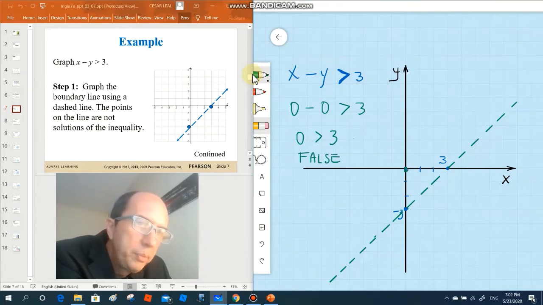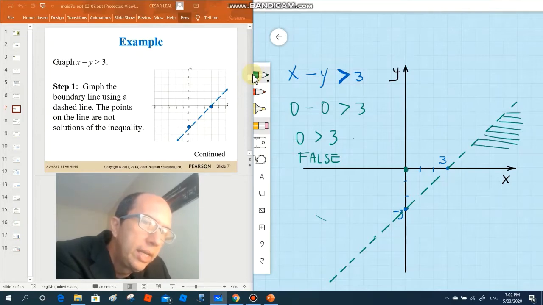That means the point is here. This area on this side of the line is not the right area, because the statement is false. So the right area, the representation of this inequality, is the area where the point is not located. That means this area here.